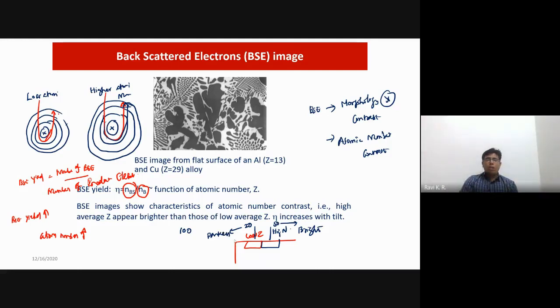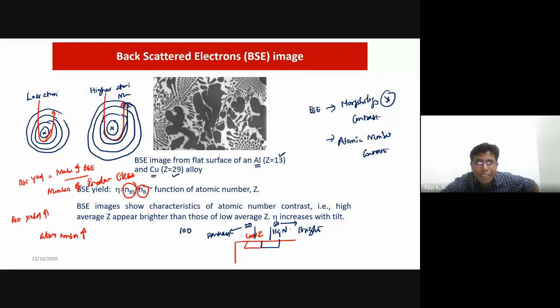Now let us take a sample which has aluminum and copper. Aluminum atomic number is 13 and copper atomic number is 29. Now you can see this image. There is a contrast.